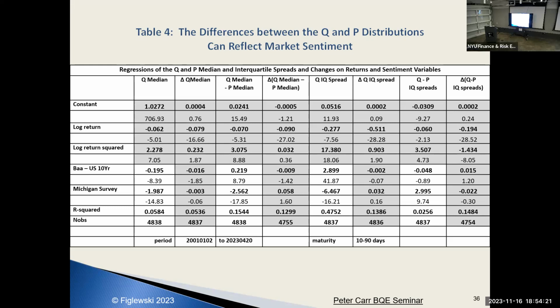But when the yield spread is wide, the interquartile spread on the Q is wide too, with a t-statistic of 41. But not really so much different from the P. So we're seeing an effect, but we're not seeing an effect relative to Black-Scholes.